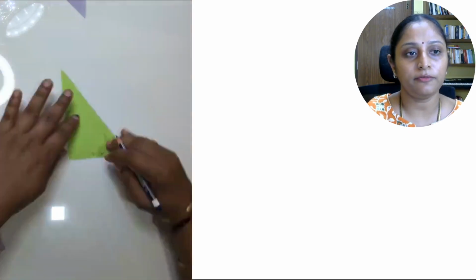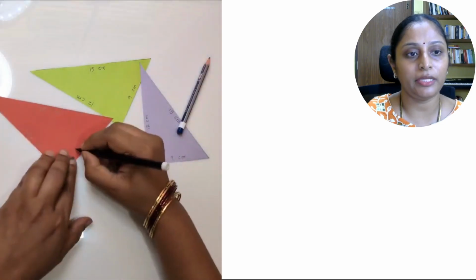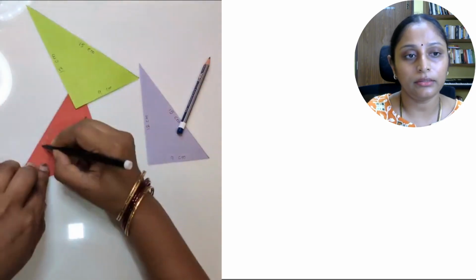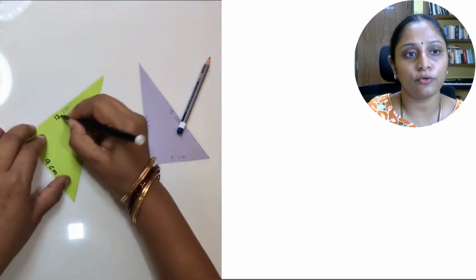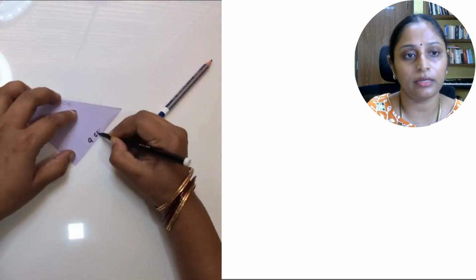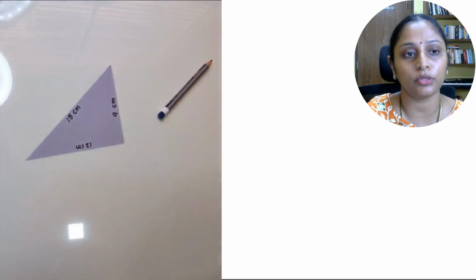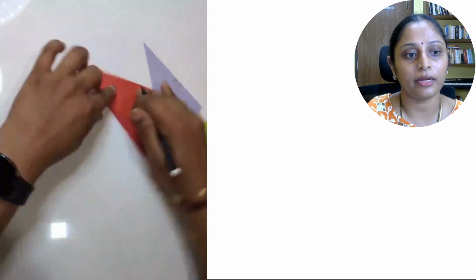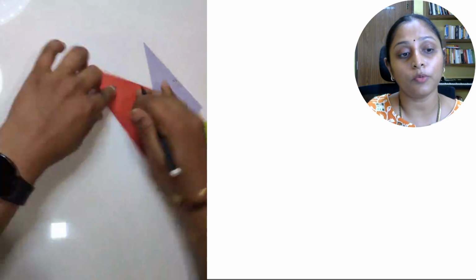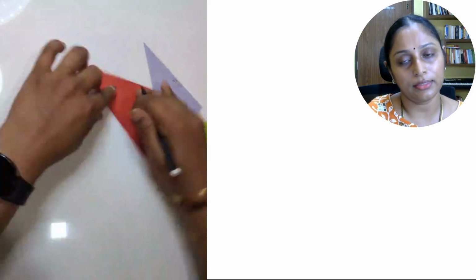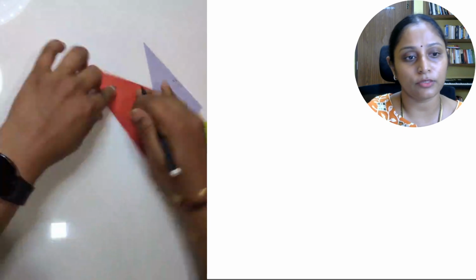Now, instead of taking 9, 12 and 15, another thing you could do is take 3 inches, 4 inches and 5 inches. It is again going to be a triangle similar to the given triangle. That is also fine. I am going to mark the sides on both sides of the cutout.